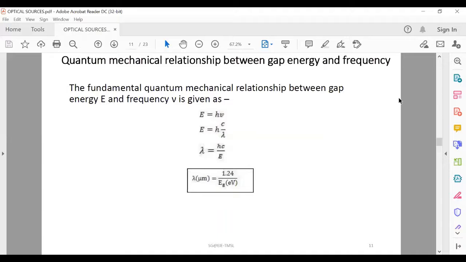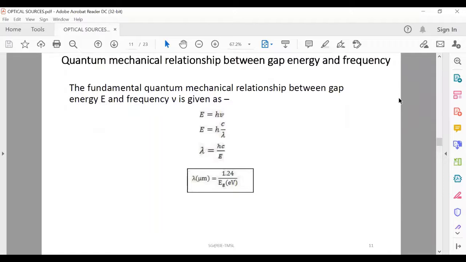Now the semiconductors, depending on energy band gap, can be classified as direct band gap semiconductors or indirect band gap semiconductors. Now direct band gap semiconductors are most useful for this purpose, where the electrons and holes on either side of the band gap have the same value of crystal momentum, and hence direct recombination is possible there.